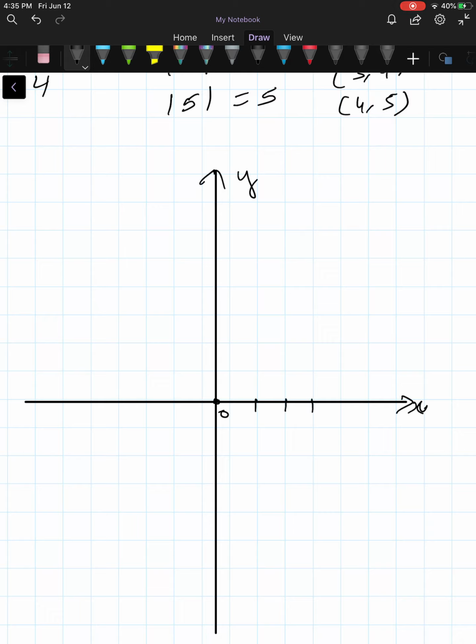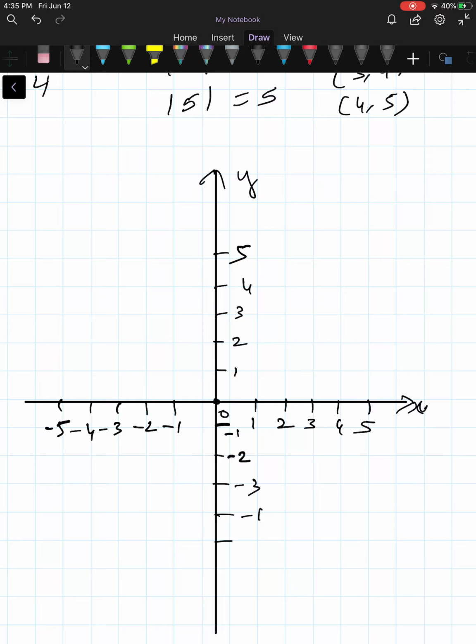So if I consider 1, 2, 3, 4, 5, 1, 2, 3, 4, 5, and here 1, 2, 3, 4, 5, 1, 2, 3, 4, 5. So these are all negative values. These are positive, and y-axis has positive values above and negative values below.